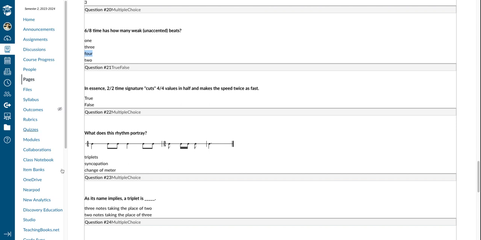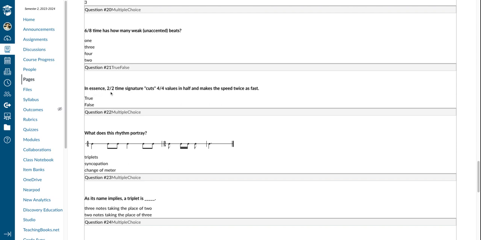That's how you count 6/8 time. 1, 2, 3, 4, 5, 6. So you have 2 strong beats in each measure, which fall on beats 1 and 4. 1, 2, 3, 4, 5, 6. And the other 4 beats are not accented. So that would be 4.